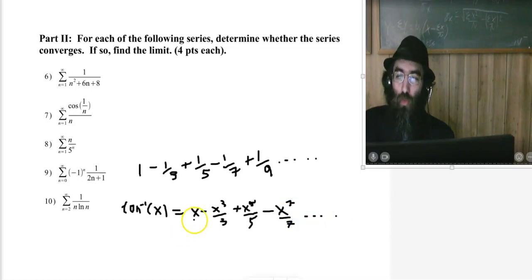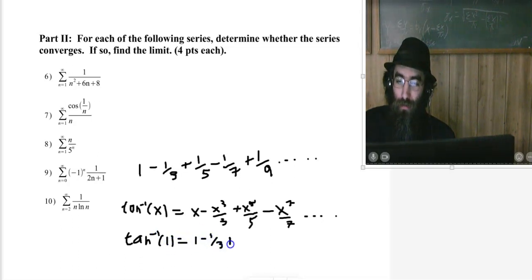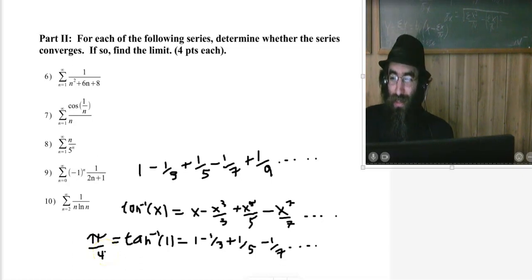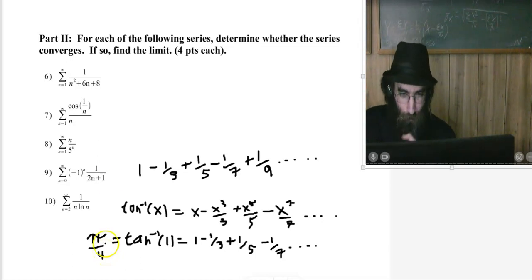So now if you plug in x equals 1, inverse tangent of 1 equals 1 minus a third plus a fifth minus a seventh. Oh, look, it's our series. And the inverse tangent of 1 is just pi over 4. Don't feel too bad if you missed that.